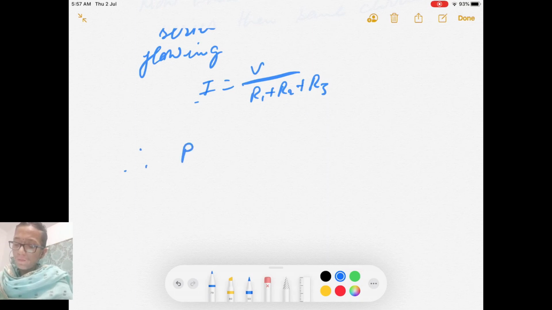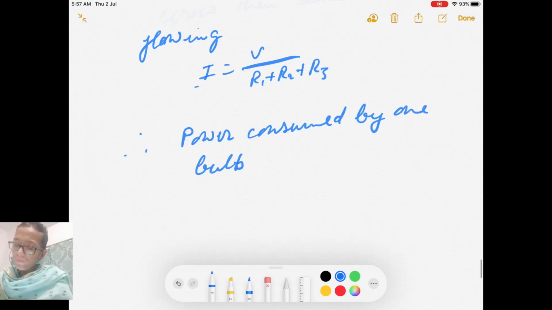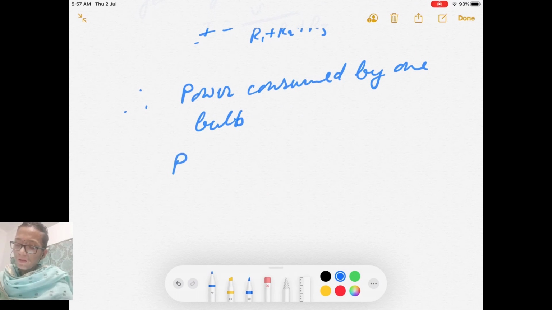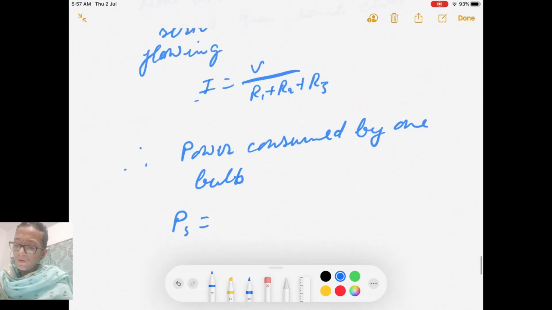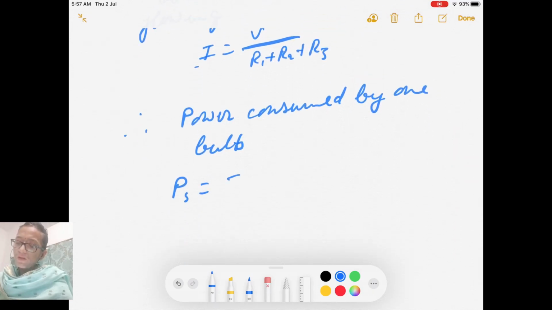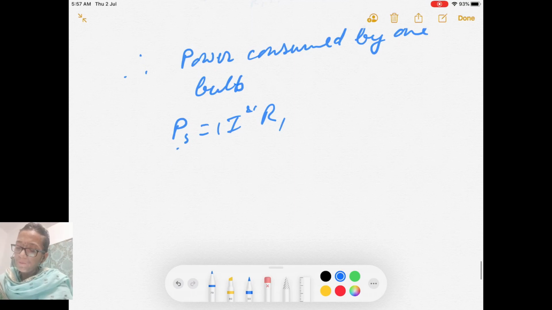Therefore, the power consumed by one bulb, P1, we can write as I squared R. We need to keep this term constant and write the power consumed by one bulb in terms of the resistance of that bulb.